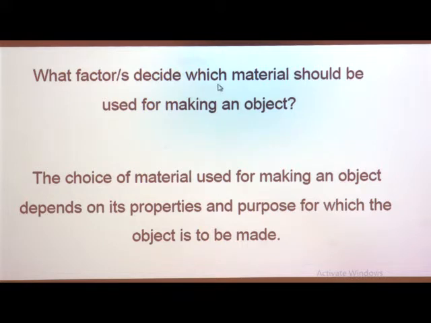What factors decide which material should be used for making an object? Now suppose you want to make a chair. You will decide whether the chair should be of plastic or of wood. So what are the factors that decide which material should be used for making an object?